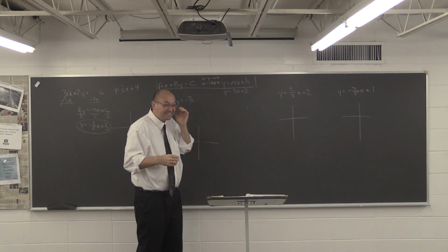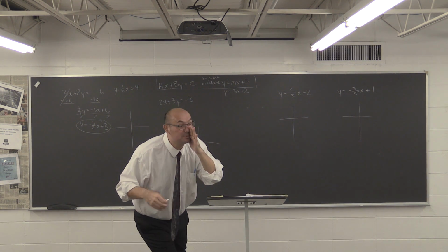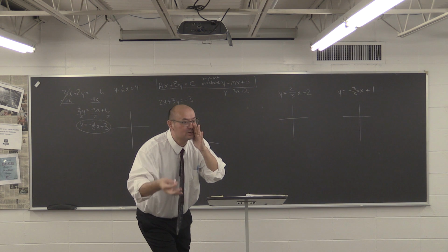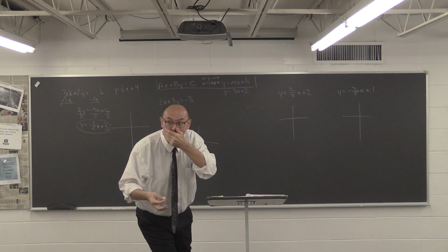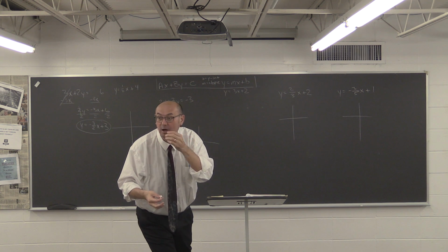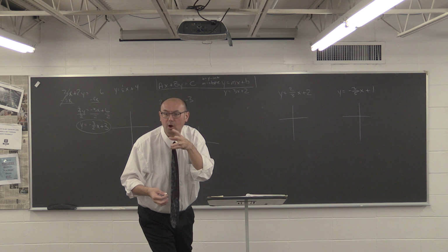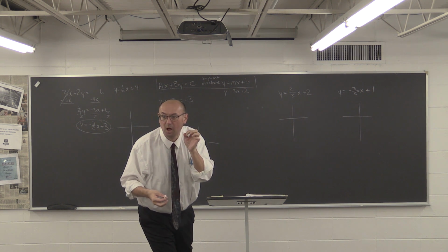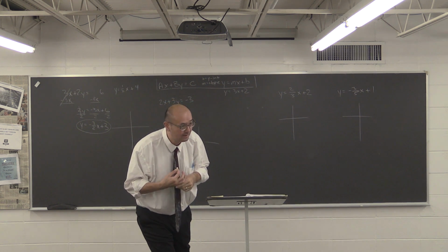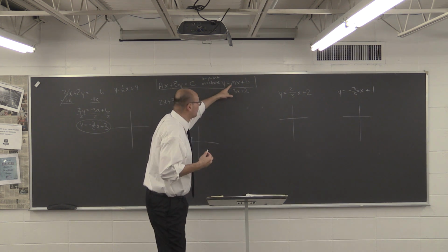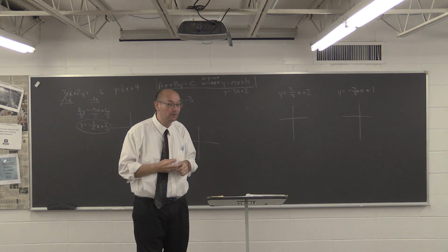Ding, ding, ding. m is negative 3/2. m happens to be the number, or the fraction, that's right before what letter? x. That's called the, what did we say m was the other day? Rhymes with rope, and it starts with SL. Slope. You guys are so bright. Excellent. So this number before the x is always the slope.